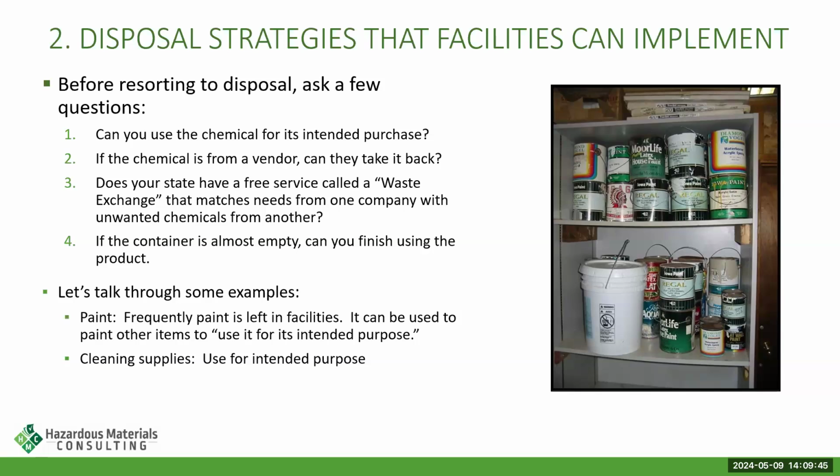So is there a way that you can use the remainder of that in the container? Use it. If you use it for its intended purpose, it never enters the waste stream. So really think about how you can use, especially, partially used containers for their intended purpose. Once they're empty, the vast majority of those empty containers can go in the trash.